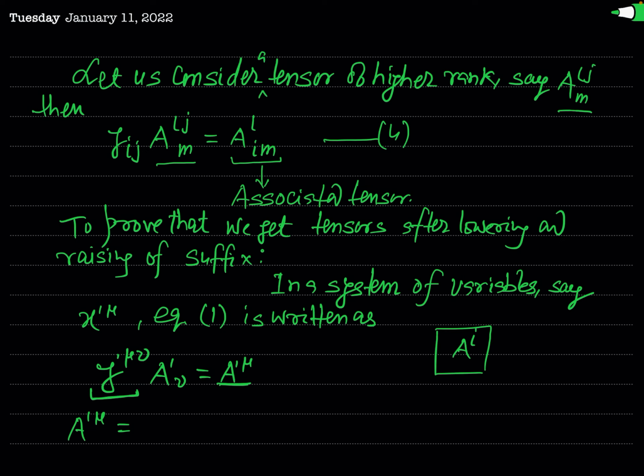So according to the transformation law of a second rank contravariant tensor, we can write G prime mu nu as G super ij, and then del x prime mu by del xi times del x prime nu by del xj.